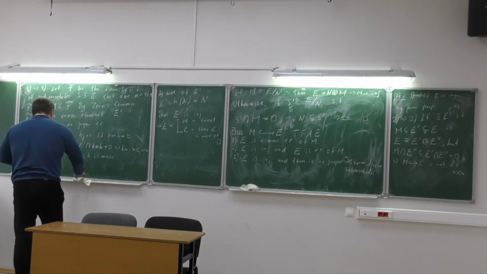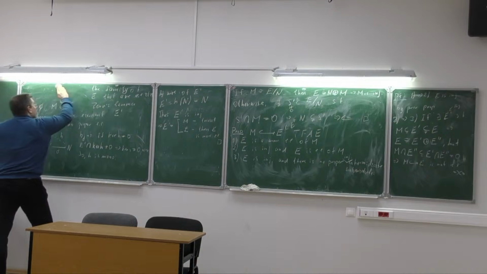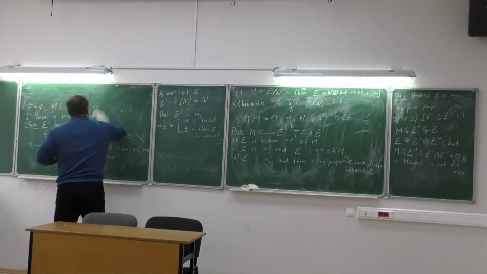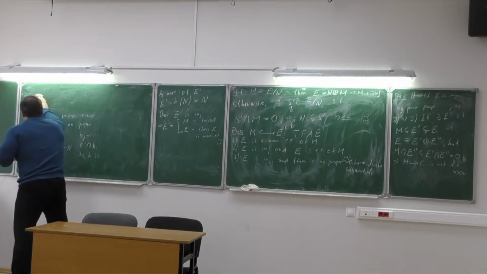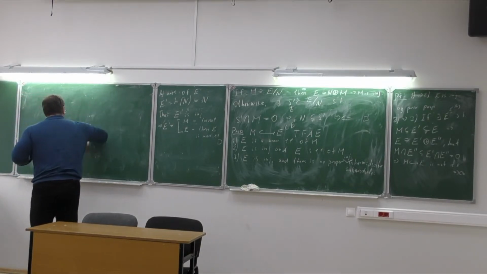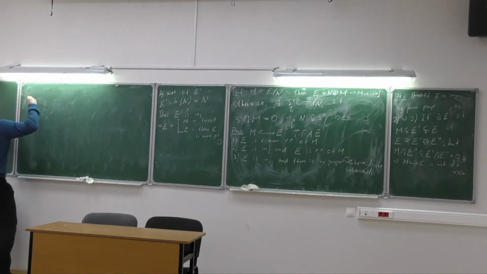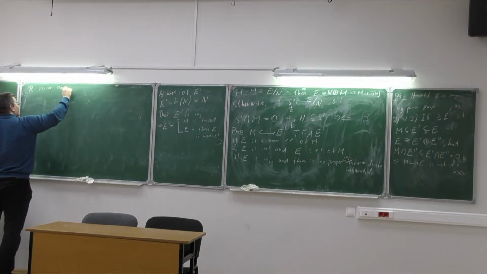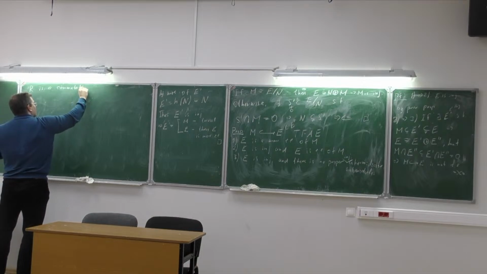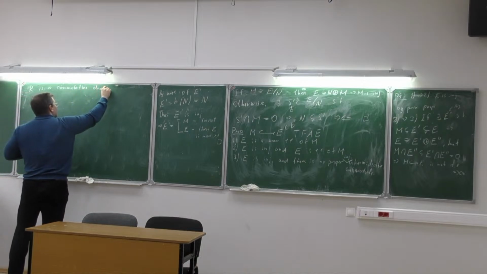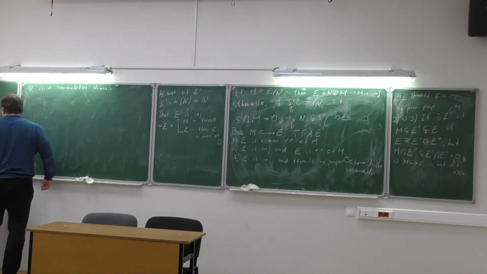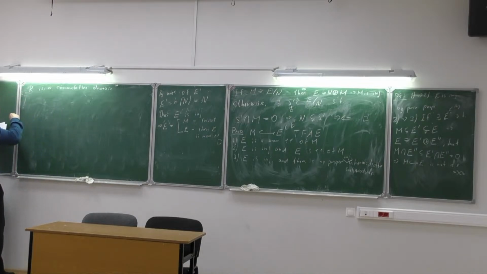Okay, so let me formulate the first problem. In these problems I want to assume that R is a commutative domain. And then for a commutative domain we can introduce the notion of divisible modules.